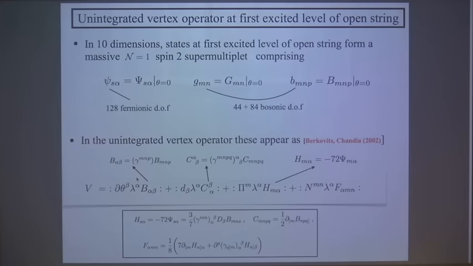All of these are taken to be the theta independent component of the corresponding capital lettered superfields Psi, G, and B. And the way these superfields appear in the unintegrated vertex operator was given by these people. For instance, this B alpha beta is expressed in terms of B_MNP, and so on. So all these things go into the unintegrated vertex operator.